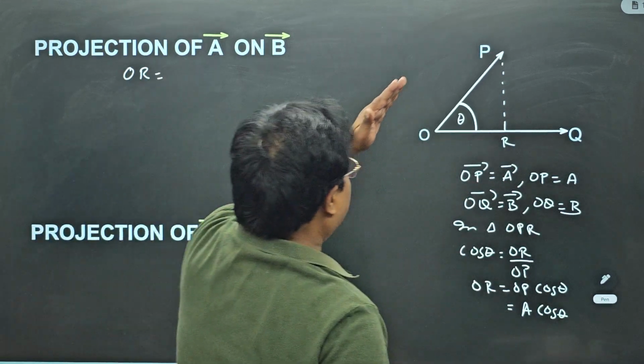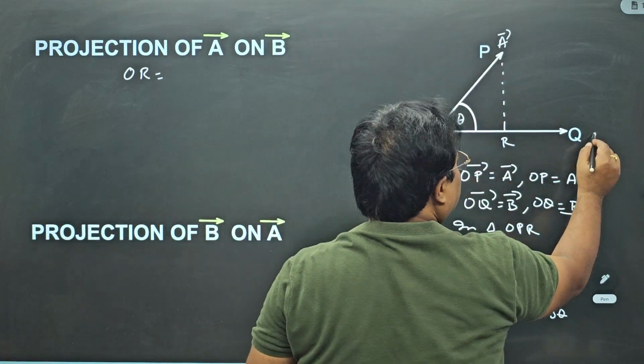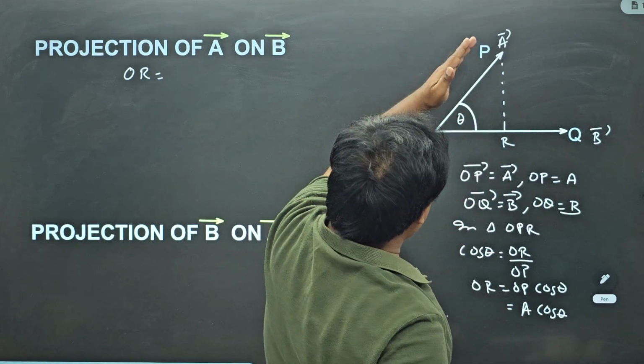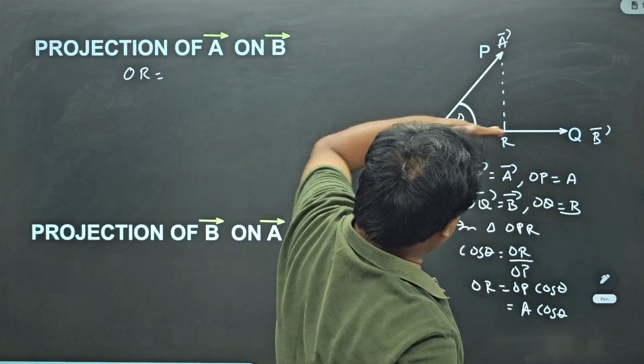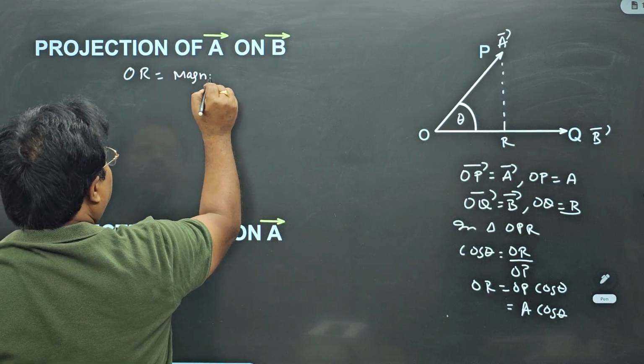This OR is known as scalar projection of A vector on B vector. This A cos theta is equal to OR. It means it is the magnitude of A vector in the direction of B vector.